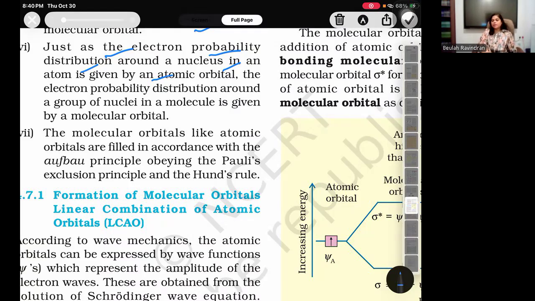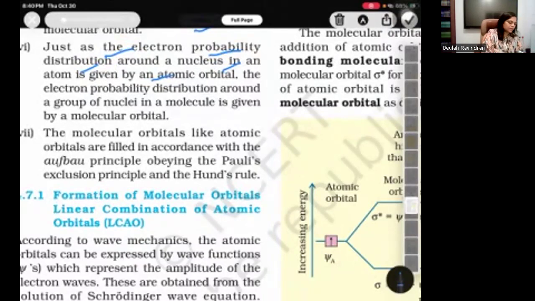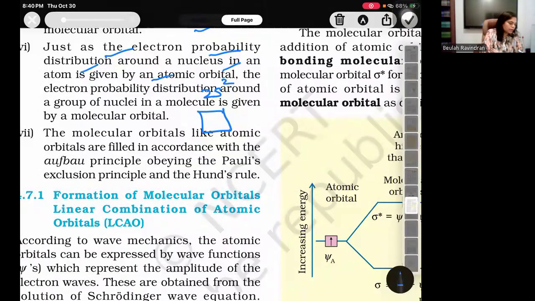Then Pauli's exclusion principle states that no two electrons can have the same identical quantum numbers. That means, for example in 2s, two electrons can be accommodated in each orbital. You are taking the first electron, which lies in the second orbit, s level.